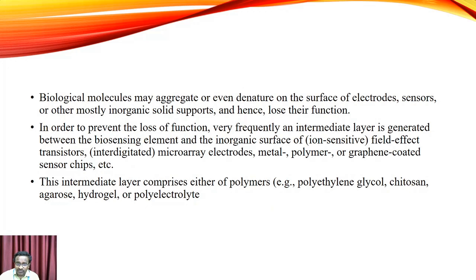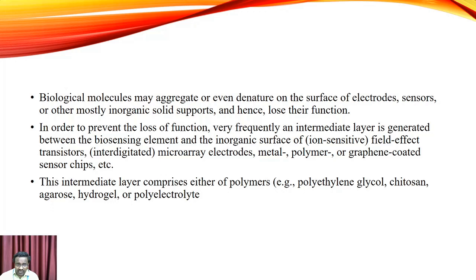Biological molecules may aggregate on the surface of the electrodes or the sensors, which bind to a particular solid substrate. When a particular molecule is ion sensitive, it binds and reacts with the particular biosensor.